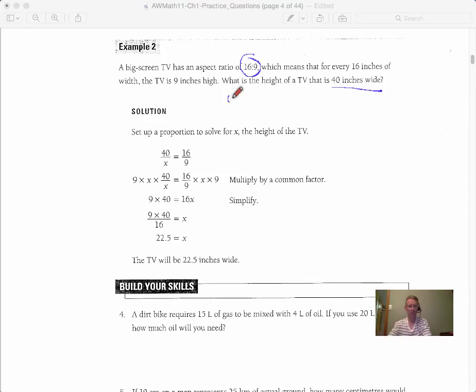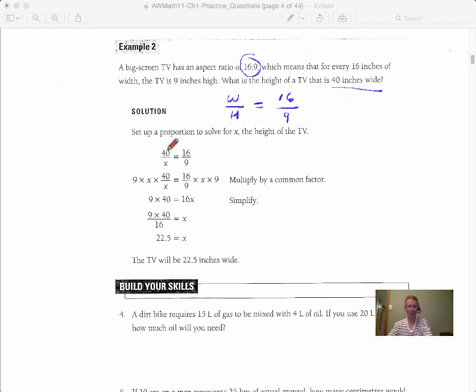They're also letting you know that they've got a TV that's 40 inches wide, but what's its height?